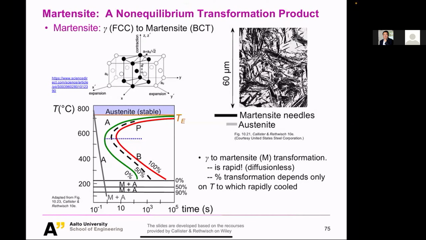It cannot diffuse over the whole range. It has to be local, but when you go even lower, the carbon cannot diffuse at all. And this will develop another phase. This is a completely unstable phase, let's say, and it's called a non-equilibrium phase.